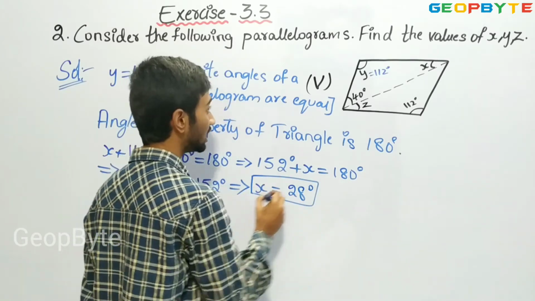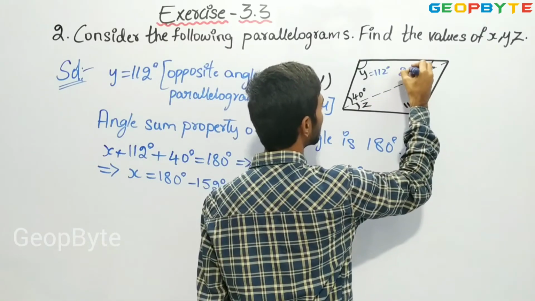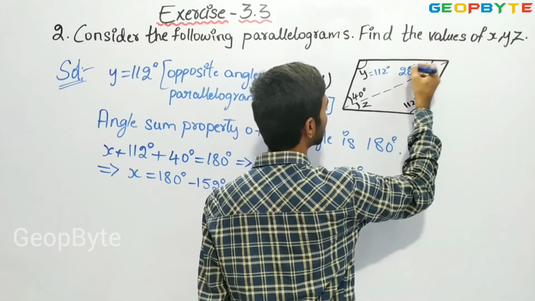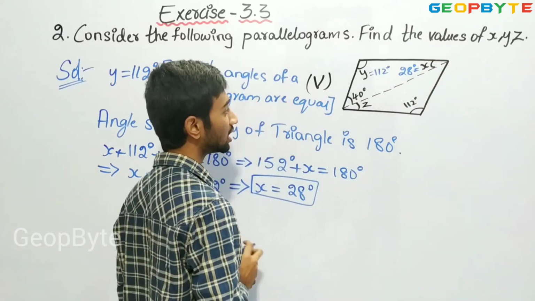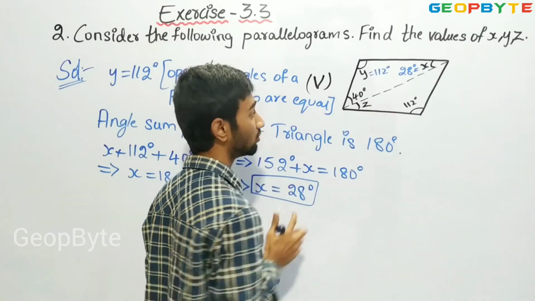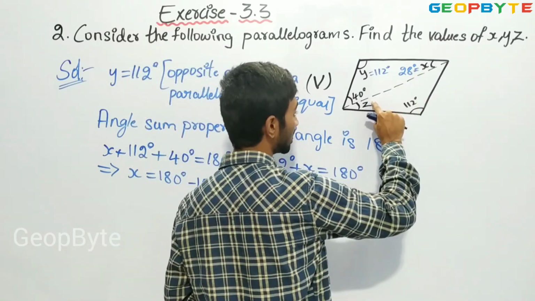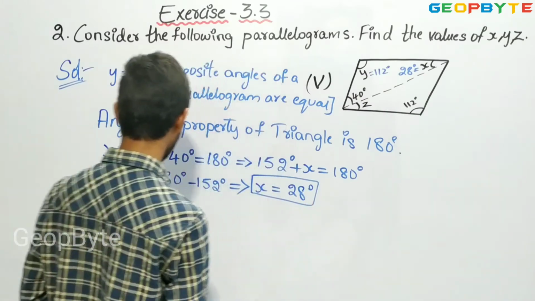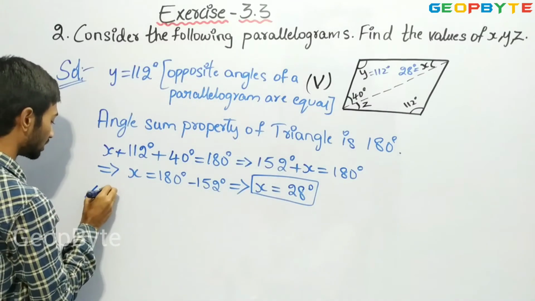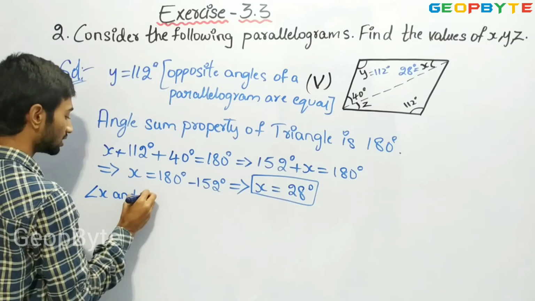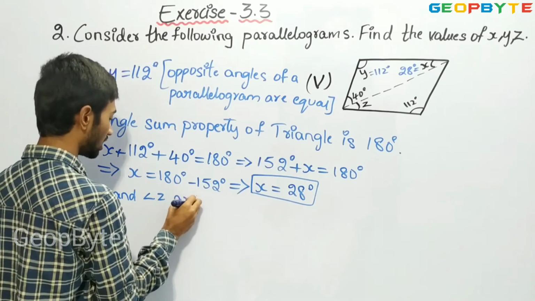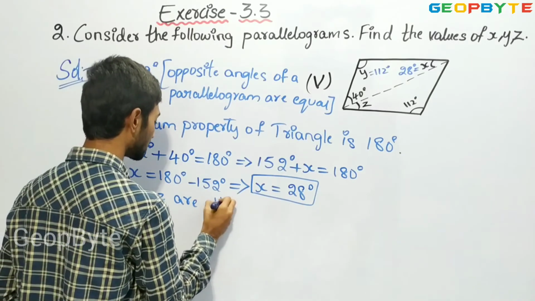So we got the value x equal to 28 degrees. Now let us find the value of z. If you observe carefully, x and z are alternate angles. So angle x and angle z are alternate angles.